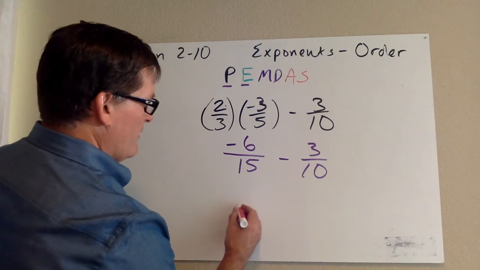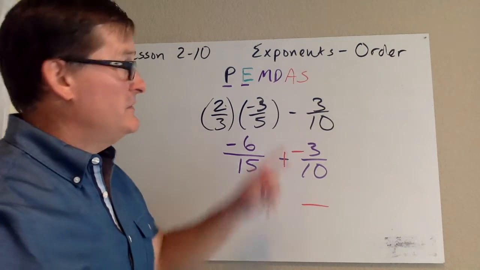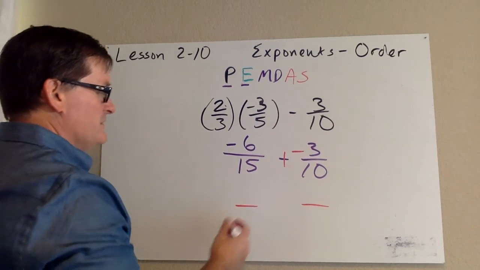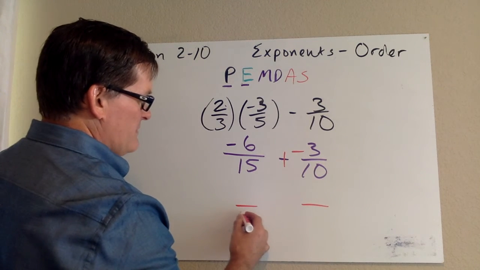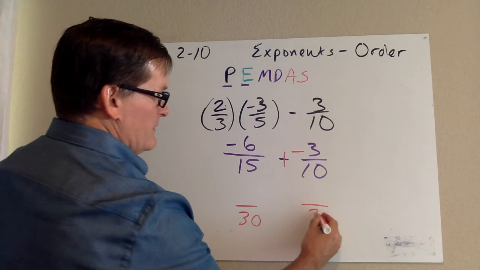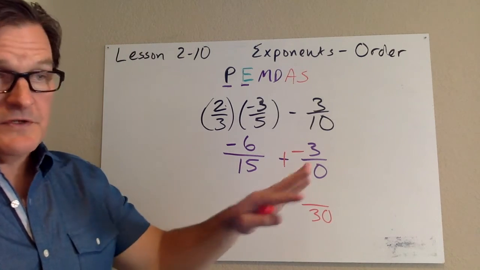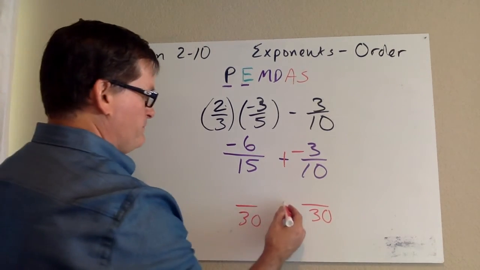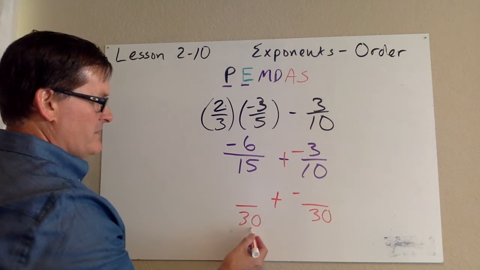So let's go ahead and find our common denominator, because now we're subtracting or adding the opposite, which is the last thing in the order of operations. Common denominator between 15 and 10 happens to be 30, because 15 times 2 is 30, 10 times 3 is 30, and that's the first one that comes, so we're going to use it. Still plus a negative. 15 times 2 is 30.